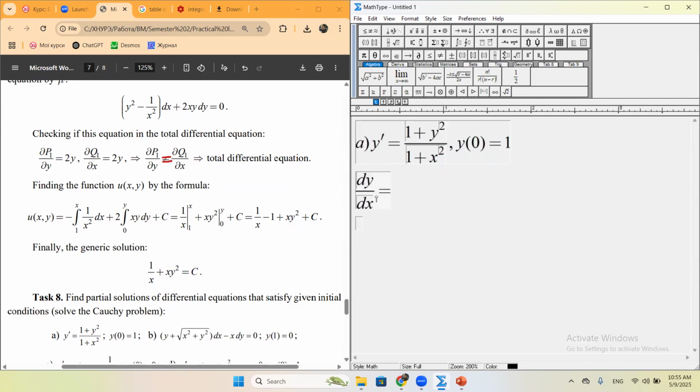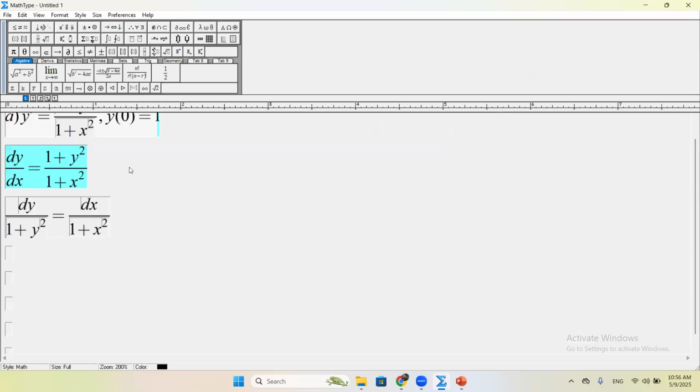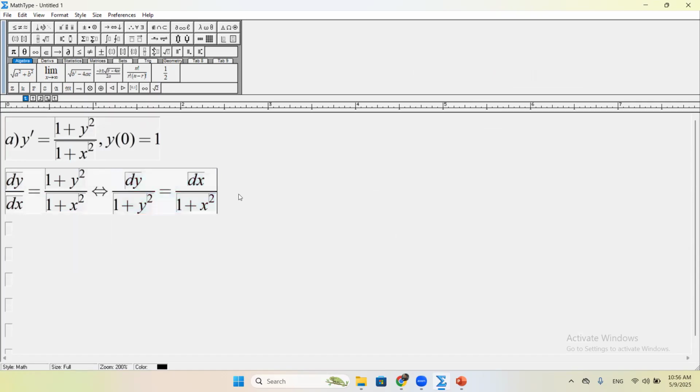As we can see, this is an equation with separable variables: 1 plus y squared over 1 plus x squared. So dy over 1 plus y squared and dx over 1 plus x squared. By the way, let's start solving in one row.